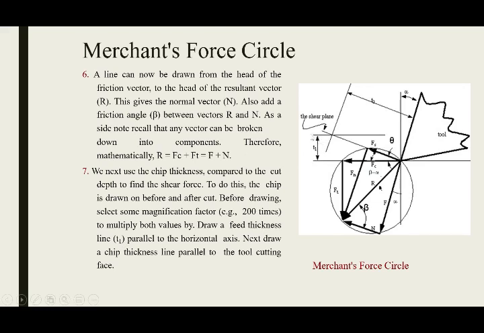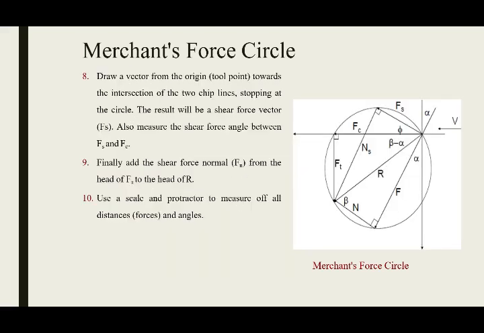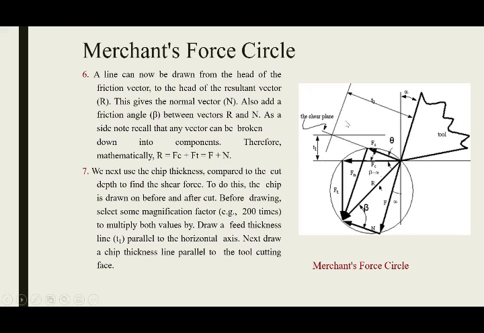Taking a horizontal line, that is a line parallel to the x axis, the distance between these two will be T1. Similarly, a line parallel to the tool face at a distance T2 will give the thickness of chip after deformation. So T1 and T2, we will get these two lines.